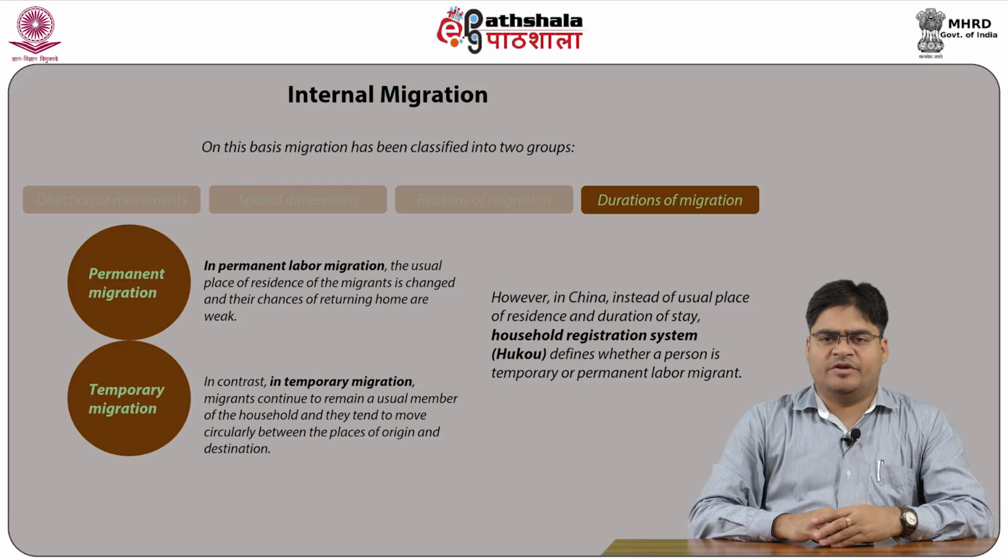In permanent labor migration, the usual place of residence of the migrants is changed and their chances of returning home are weak. In contrast, in temporary labor migration, migrants continue to remain a usual member of the household and they tend to move circularly between the places of origin and destination.